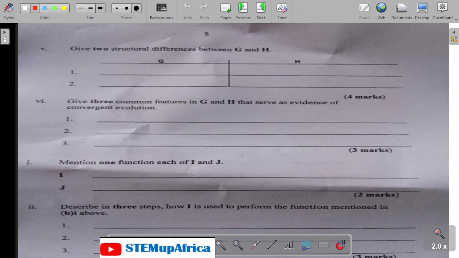Just give two natural differences between G and H. One, presence of scale. Then for the other one, the scale is absent.